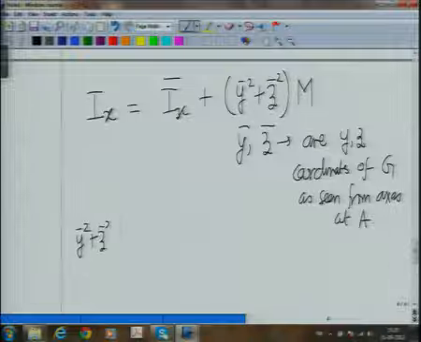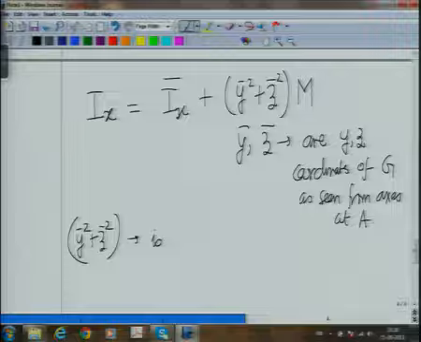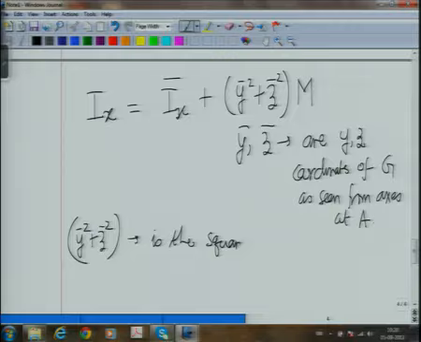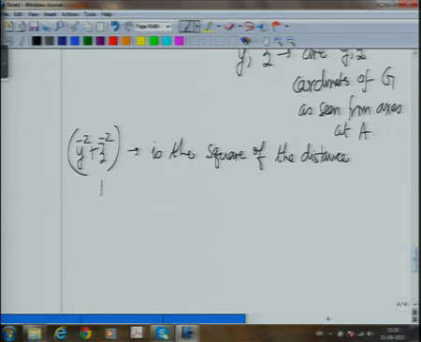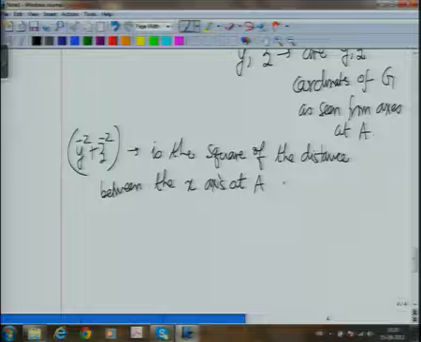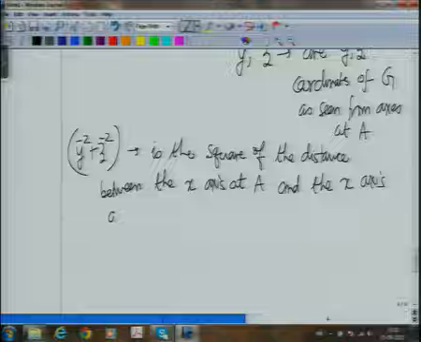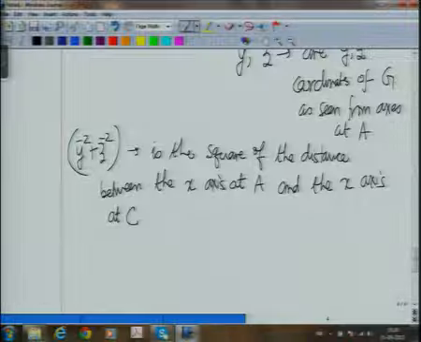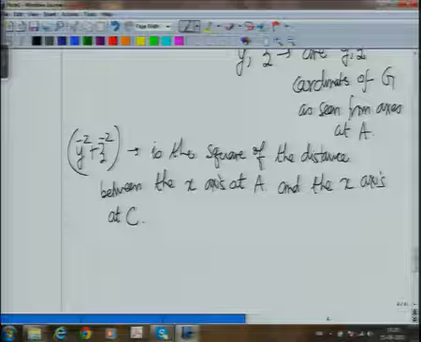Y bar square plus z bar square, this is the square of the distance between the x-axis at A and the x-axis at G, sorry, not C.